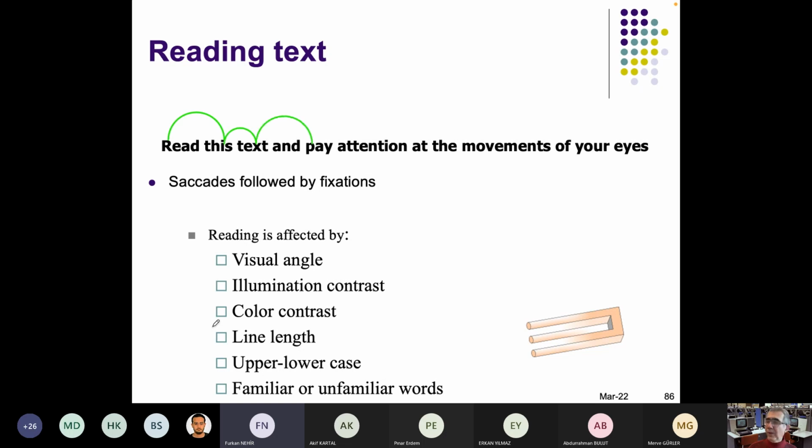So here is what we are doing for reading. When we are focusing on reading, our eyes move.